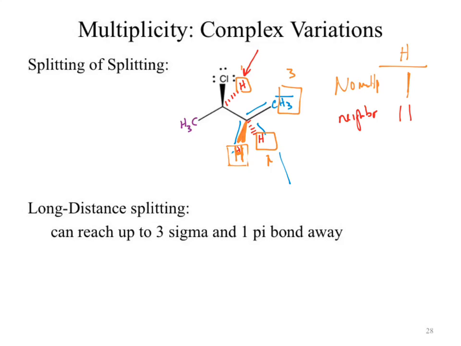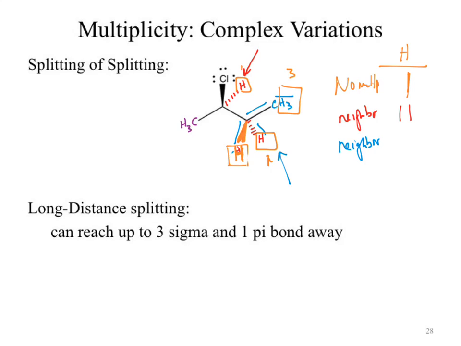Now let's say we see this hydrogen. How many neighbors do we have at that position? We've already taken into consideration the red hydrogen. That one's out of the picture. Now the only one I'm looking at is this hydrogen. There is only 1 hydrogen.